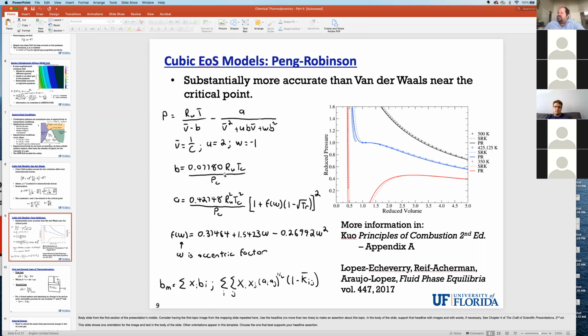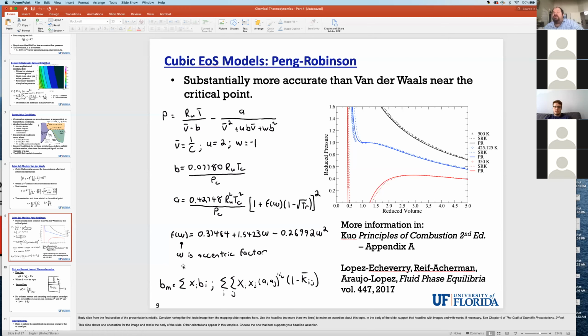B is basically given as a function of the gas constant, the critical temperature and the critical pressure. And A is also a function of the gas constant, the critical temperature, and the critical pressure, and also another function of omega, and that function is right here, and omega is the eccentric factor.